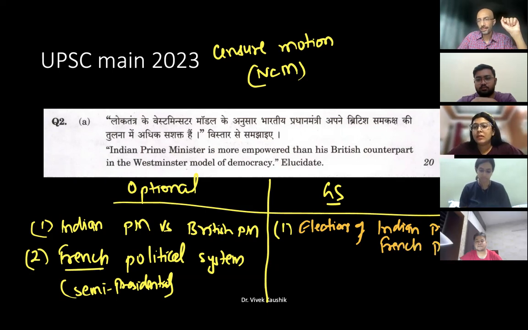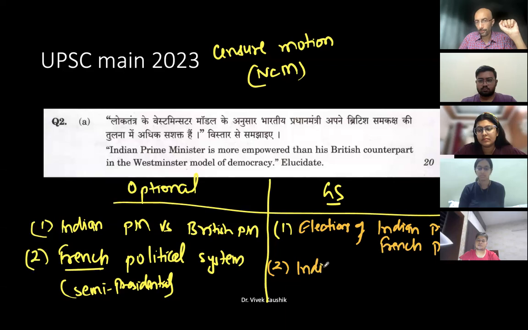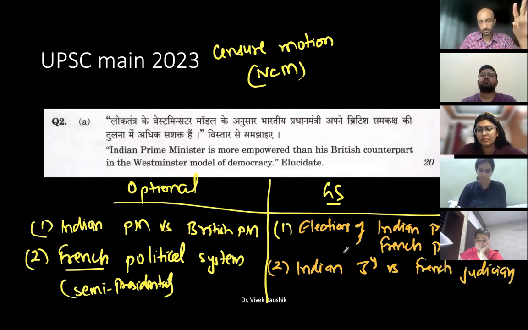UPSC asked this question, I think in 2022, because that year France also had elections of the president, right? When did we have Madam Draupadi Murmu elected? 2012, 17, 22. Second question UPSC has asked, comparison of the Indian judiciary versus the French judiciary. This has already been asked.